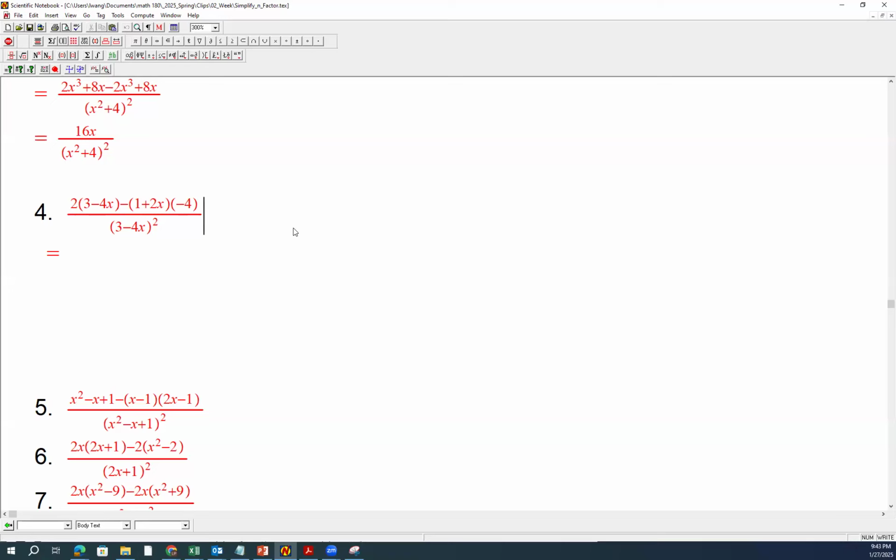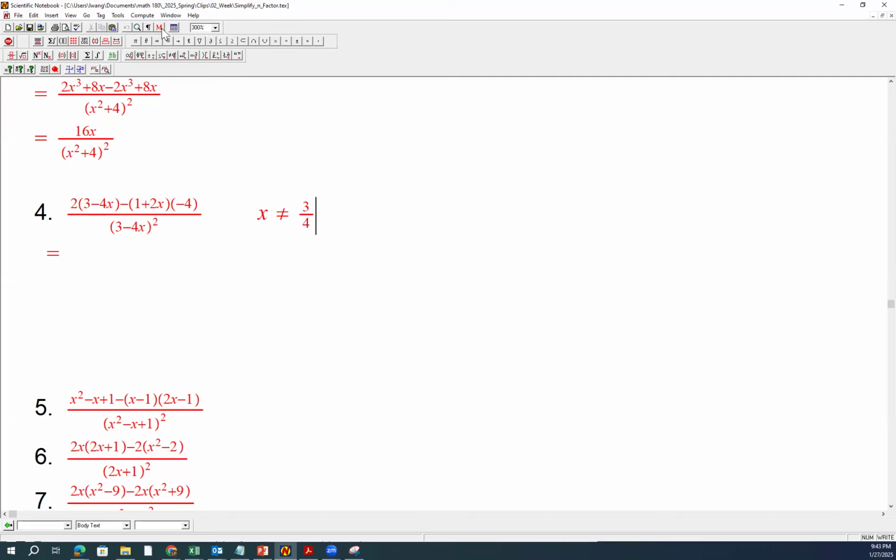And this time the domain would be that 3 minus 4x cannot be 0. So x cannot be 3 over 4.